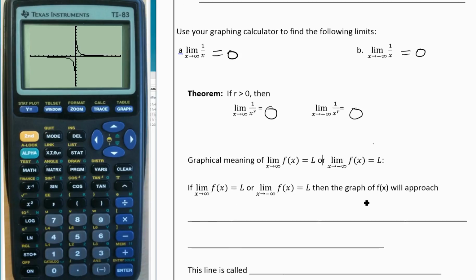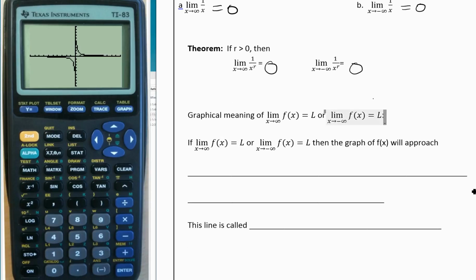Now, the graphical meaning, and you've probably seen this in another course, for example, pre-calculus, before you had learned limits yet. If your limit as x goes to infinity of f of x equals L, where L here is a finite number, we're not talking about L being infinity or negative infinity, or your limit as x goes to negative infinity of f of x is equal to L, then the graph will approach the horizontal line y equals L. Sorry, I was thinking of our example.